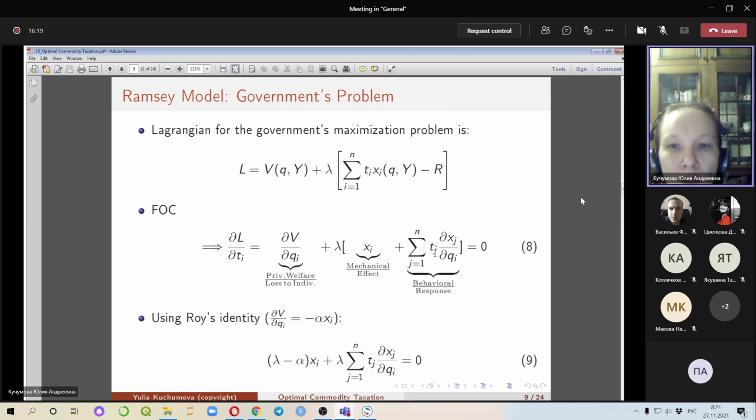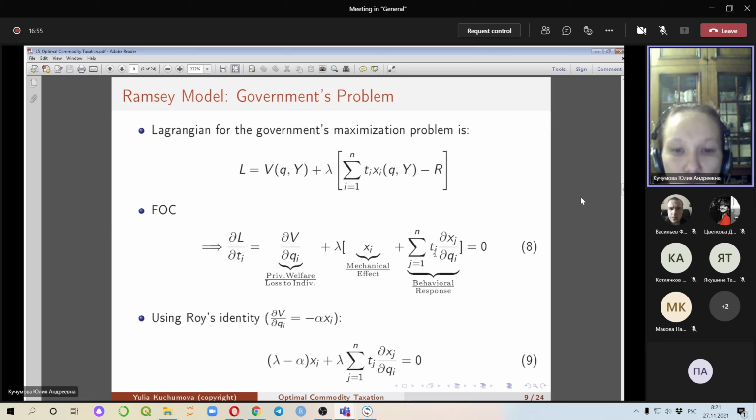So then the Lagrangian for the government problem is the indirect utility function V plus lambda, the Lagrange multiplier, multiplied by the revenue requirement, sum of taxes minus R. Again, we take the first order condition by taking the derivative with respect to Ti. The first term will be the derivative of the indirect utility function with respect to Qi.